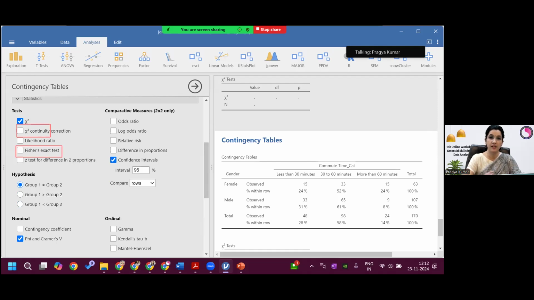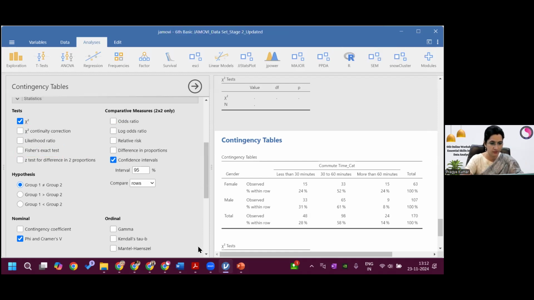If it is an n by n table, meaning 3 by 2 or 3 by 3 or 4 by 3, then we apply the chi-square continuity correction, which many people also call the Yates correction. Traditionally, we have been reading that the Yates correction is this chi-square continuity correction only. And then this is the Fisher exact test. Okay.